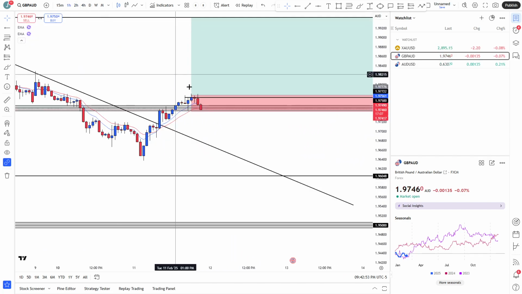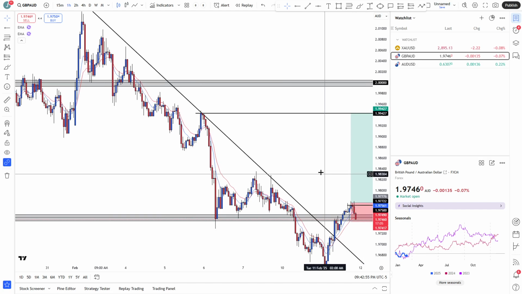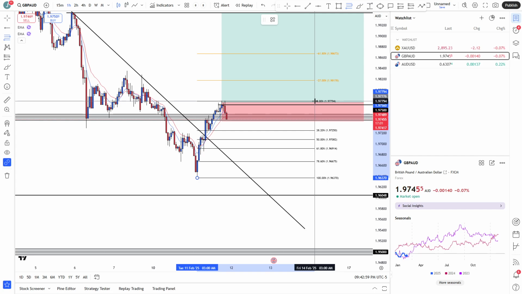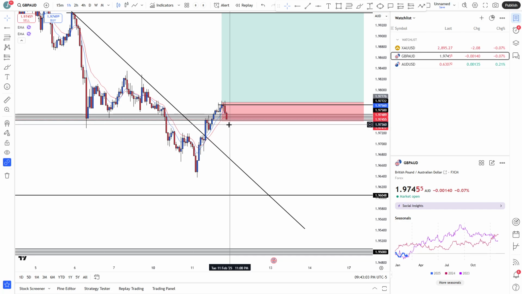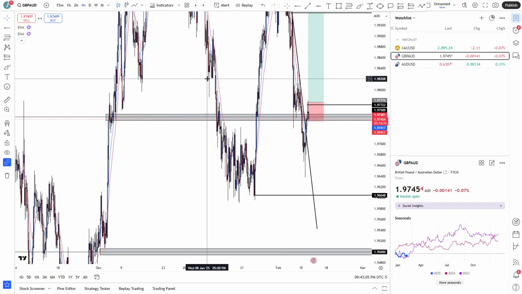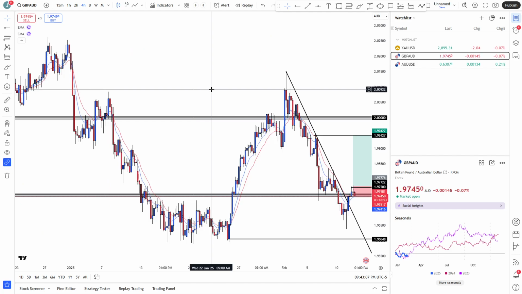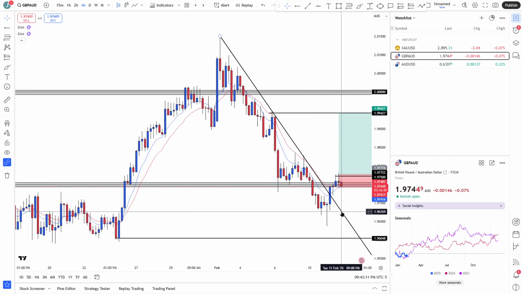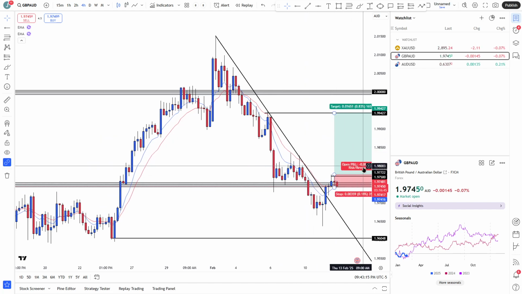So price probably is going to create just something stronger for us to enter off of. But the fact that it broke above the 1.975 and retested it did tell me that price was going to push up. But don't really know.